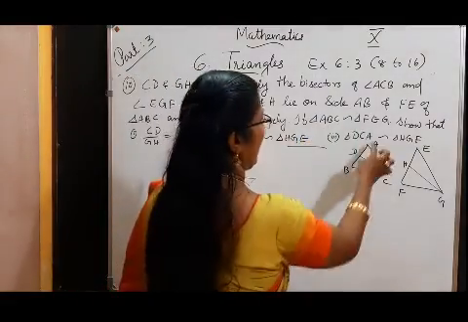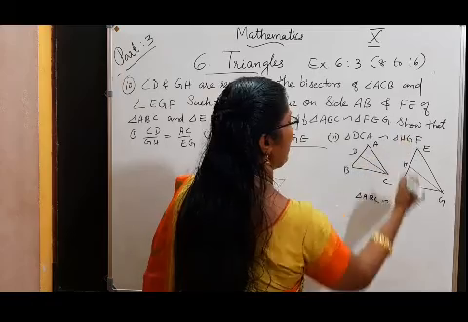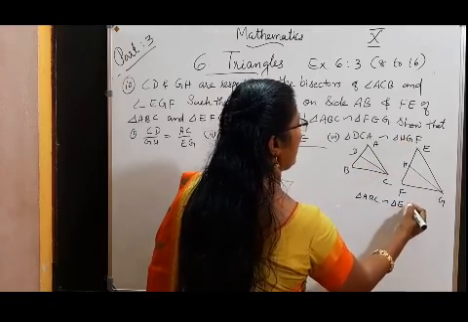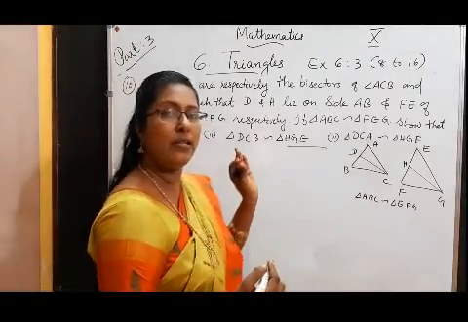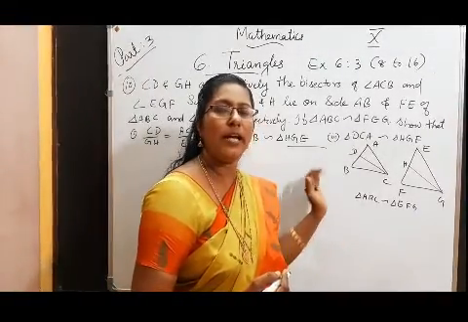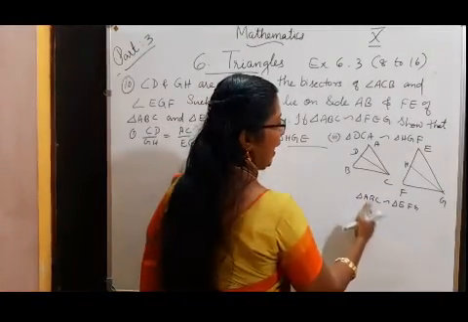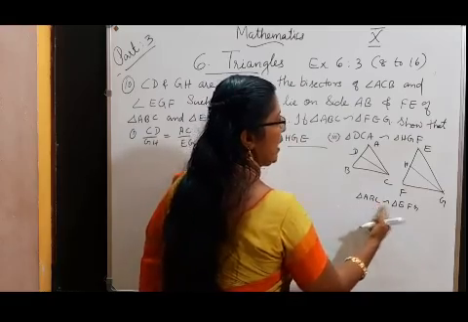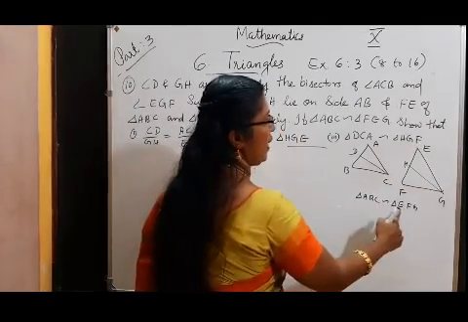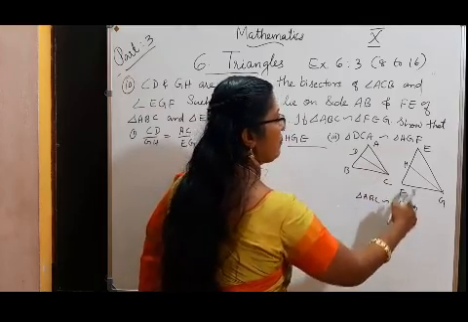Triangle ABC is similar to triangle EFG. If it is similar, their corresponding sides are proportional and corresponding angles are equal. Okay. Then that means angle A and angle E are equal, B and F are equal, C and G are equal, and AB by EF equal BC by FG equal AC by EG.